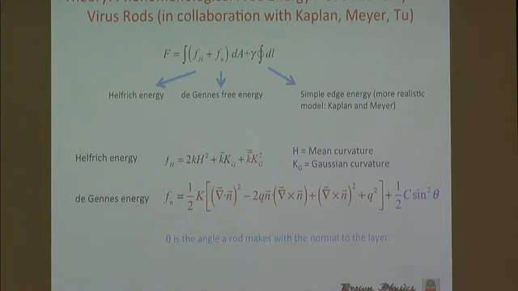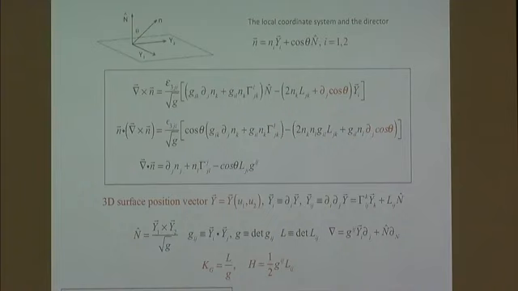And the rest of what will come will be some details having to do with curved surfaces. Professor Ouyang has written a lot of nice papers that help with this. It's just a matter of setting up a local coordinate system on your surface with a layer normal. And here's the director making this tilt angle theta with the layer normal.